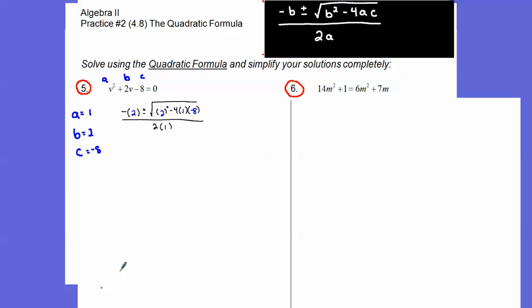What we then are going to do is to calculate the discriminant, just this section of it. 2 squared is going to give you 4. Then if we have -4 times 1 times -8, this is actually going to give us positive 32. This will combine to give us 36. This is the discriminant.